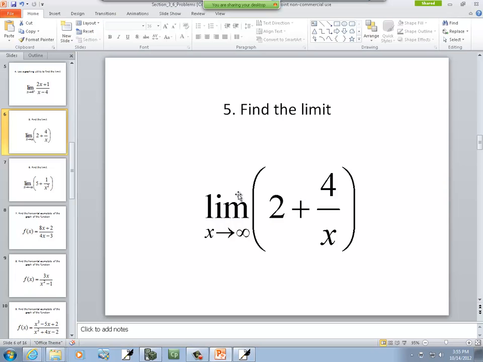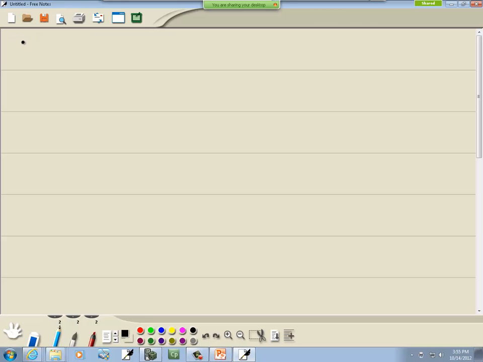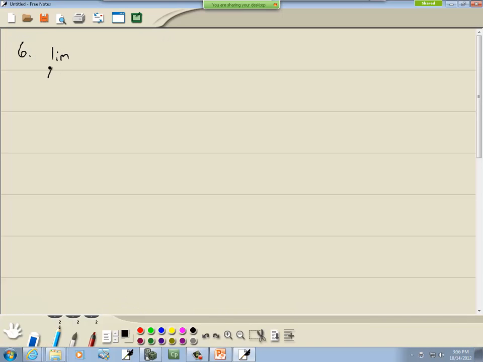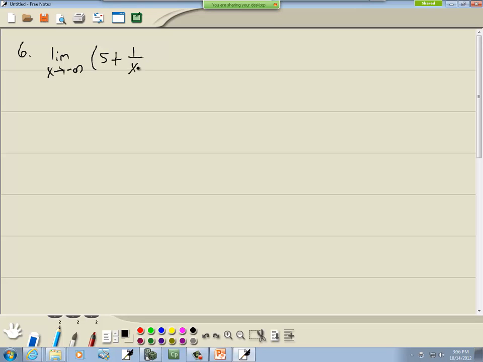Let's look at our next problem. Limit as x goes to negative infinity of 5 plus 1 over x squared. Now, it doesn't really matter if we have 1 over infinity or 1 over negative infinity. It still goes to 0.